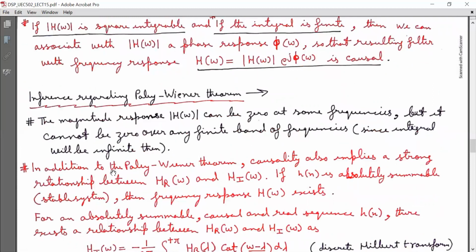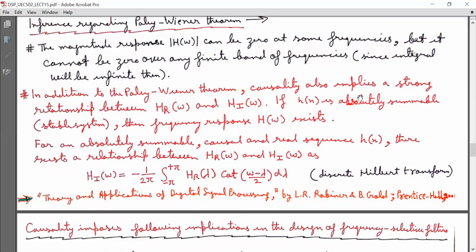So for causality, this condition should be fulfilled. And in addition to the Paley-Wiener theorem, causality also implies a strong relationship between HR(ω) and HI(ω), that is, the real part of H(ω) and the imaginary part of H(ω). If h(n) is absolutely summable, that is, it is a stable system, then the frequency response H(ω) exists.